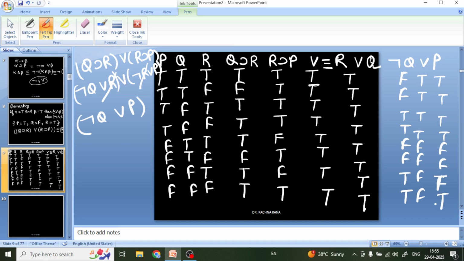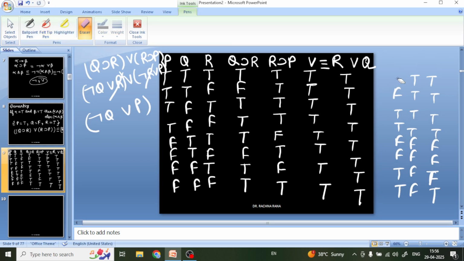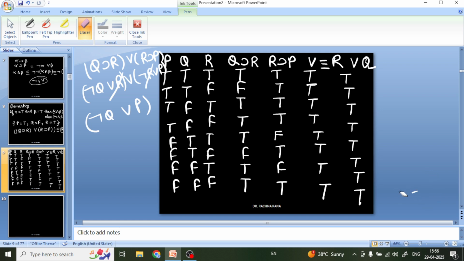This one true. You can't do it like this; you have to make a table and prove that.